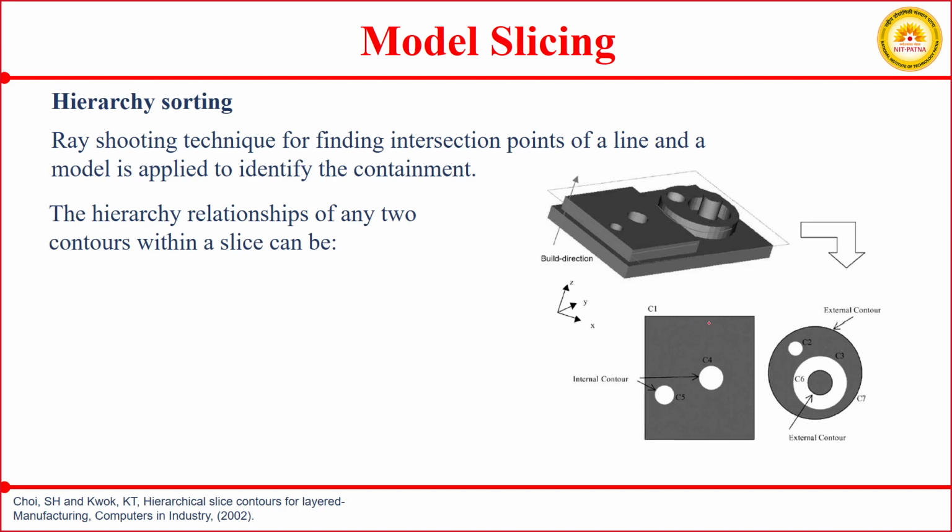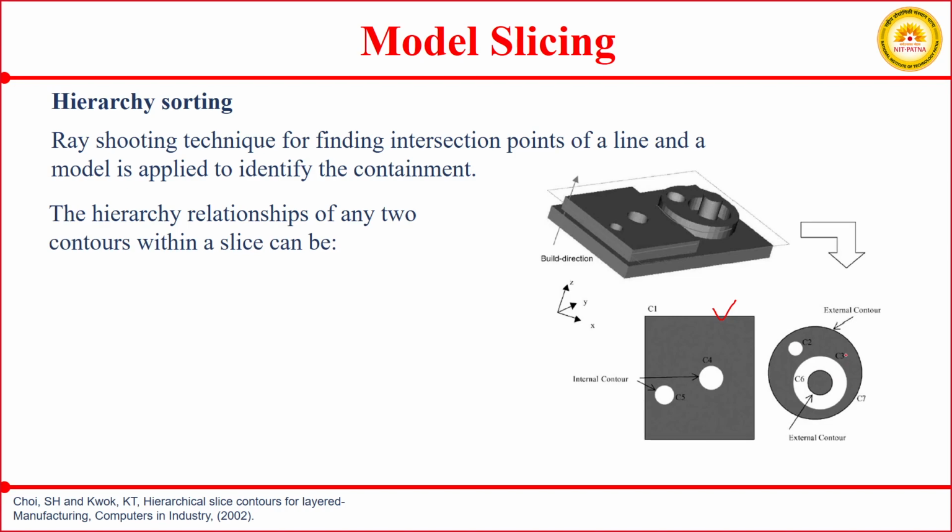We took one example in the previous class. In this particular component, or the model, we could see that we have C1 as parent and C4, C5 as their sons. Similarly, here again we have C2, C3, C7, C6.